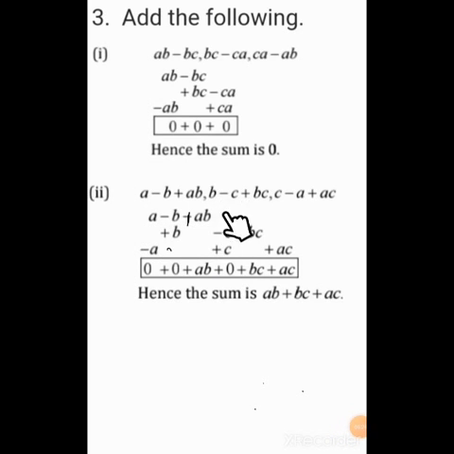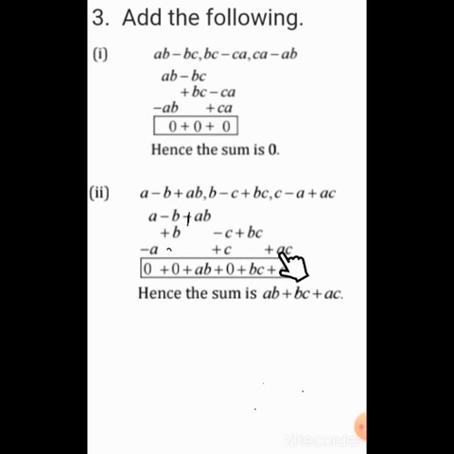In the second expression, we put B in the B column, plus B minus C plus BC, because in the first expression there is no C variable and no BC, so we put them in another column. The third expression is plus C minus A plus AC. We put C in the C column, minus A in its column, and AC in another column.